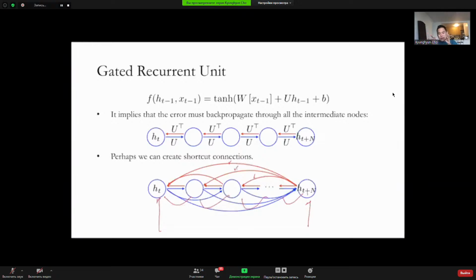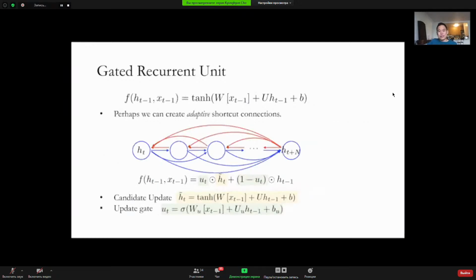So there will be a shortcut connection that's not going to have any of those repeated products, and that part is going to allow us to capture those long-term dependencies without having to be bogged down by the product of the same term over and over.